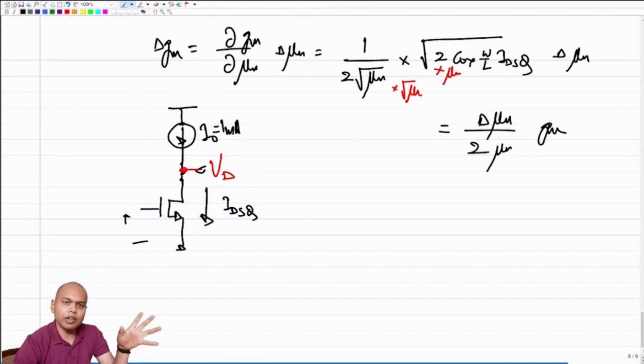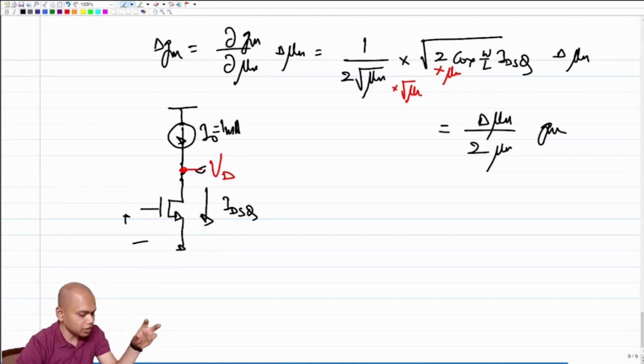And I also tell you that you have voltage sources available. Obviously, you need voltage sources in order to bias the transistor. So what will you do? I'll tell you what I will do. I know that the gate source voltage is the cause, and the output drain current is the effect.